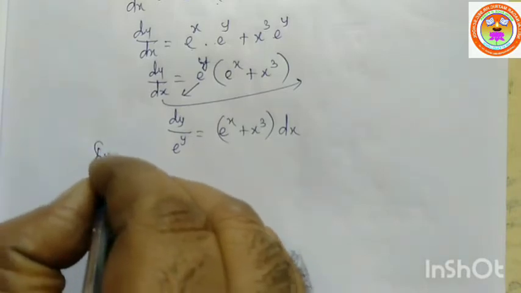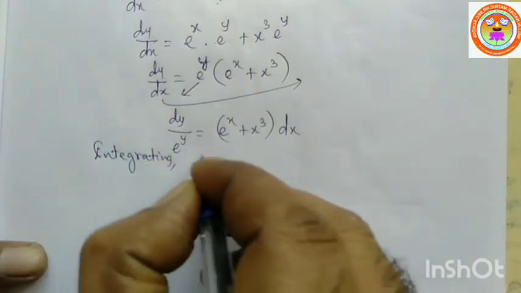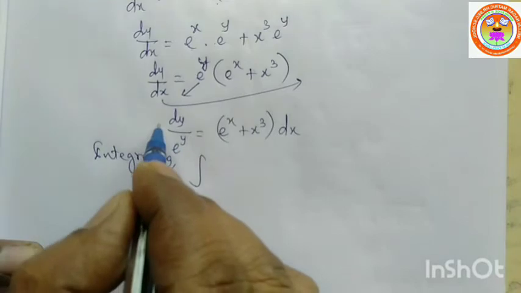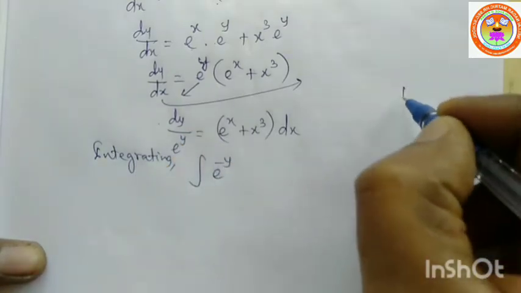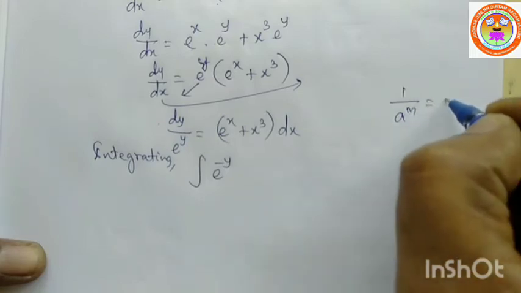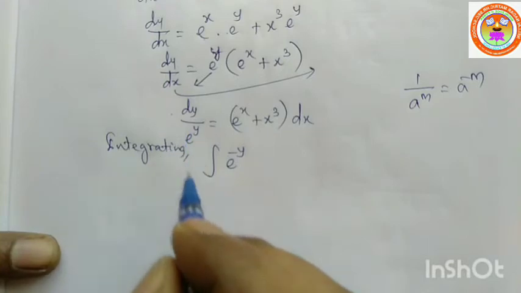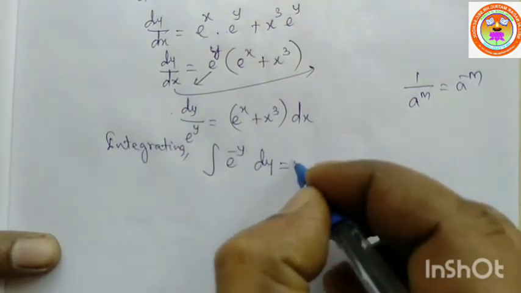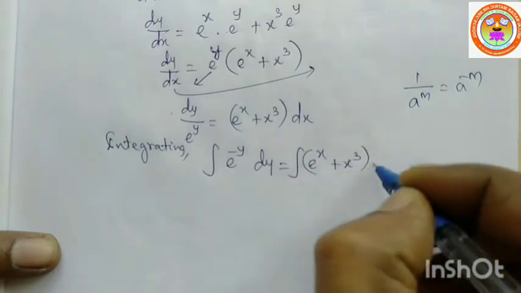When integrating on both sides, we bring this e power y into the numerator, so it becomes e power minus y, because 1 by a power m is a power minus m. Similarly, 1 by e power y becomes e power minus y into dy, which is equal to integral of e power x plus x cube into dx.